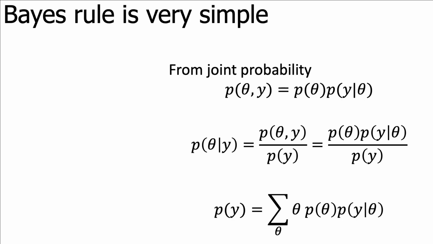Generally, from the basics of probability, Bayes' rule is a relatively simple formula.